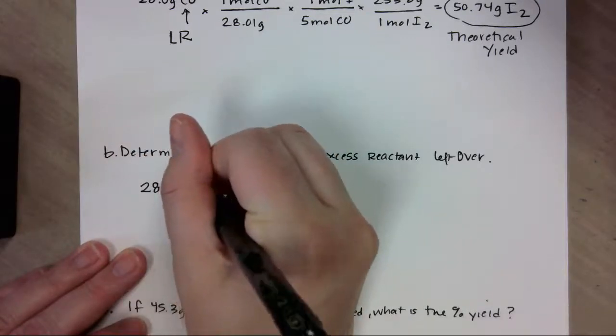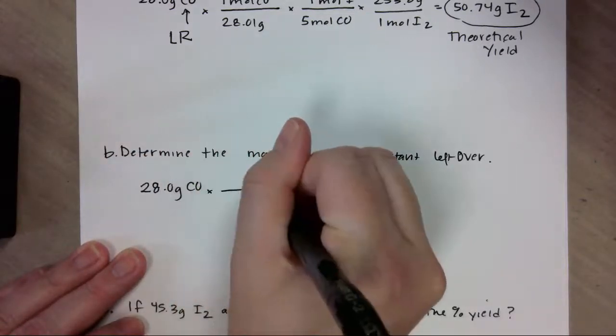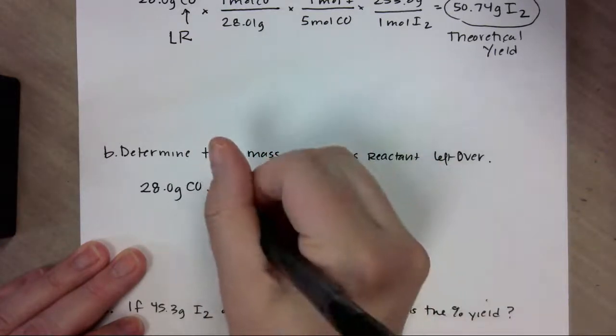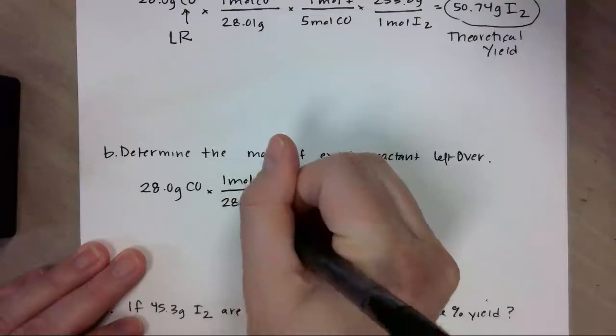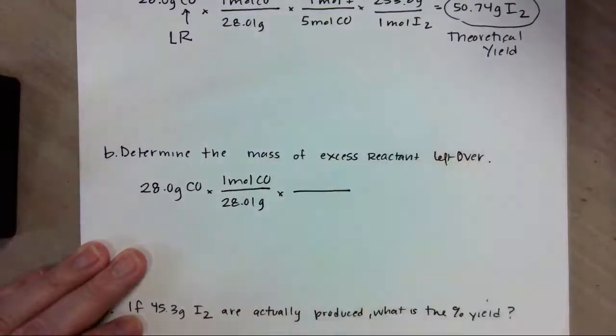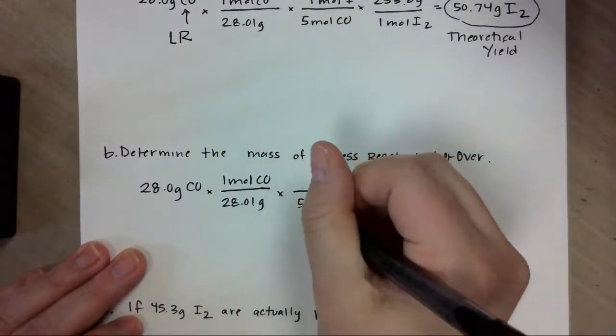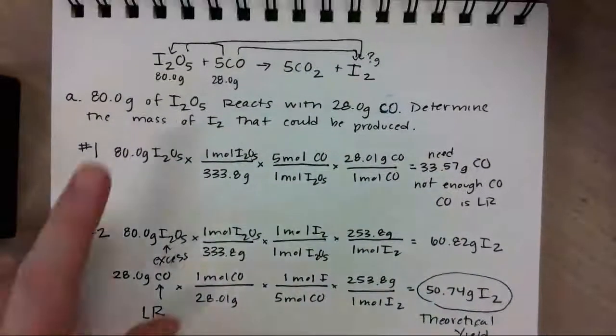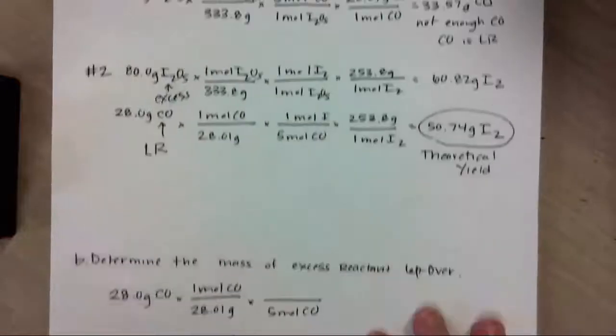28.0 grams of carbon monoxide converted to moles. Okay. Mole ratio comes next. 5 moles of CO. I got to go back and double check here. It's 1 mole of I2O5.